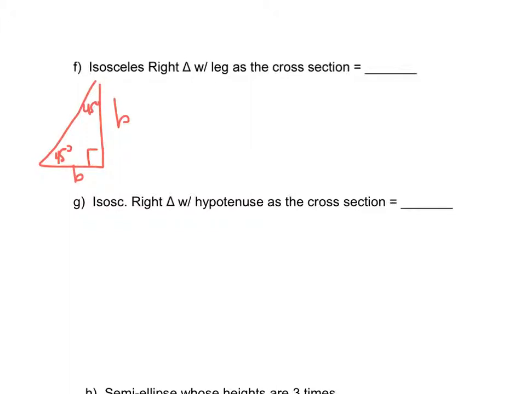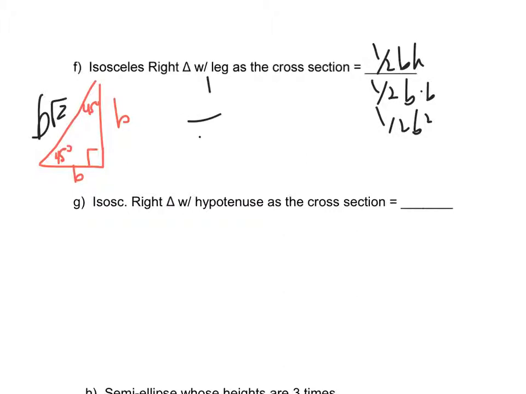And it also means automatically that the hypotenuse is b radical 2. Although we don't need that because the area of a triangle is 1/2 base times height, and in this case our height is also b. So 1/2 b times b, 1/2 b squared.